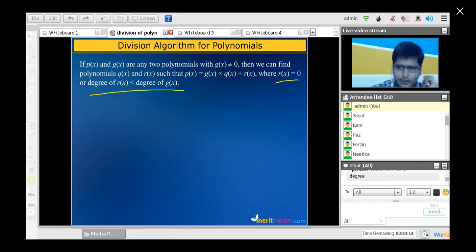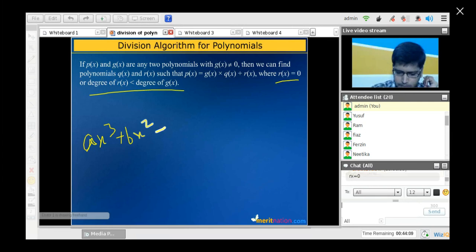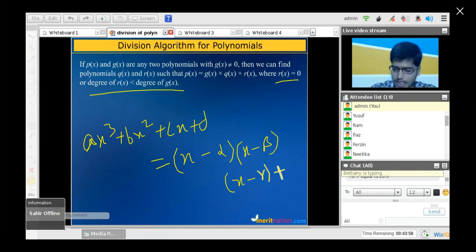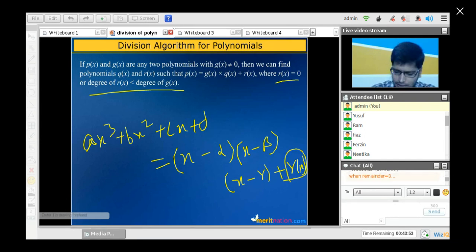See, what we have done: ax cube plus bx square plus cx plus d is equal to x minus alpha into x minus beta into x minus gamma plus r of x. If r of x is equal to 0, then only these will be the factors of this polynomial.